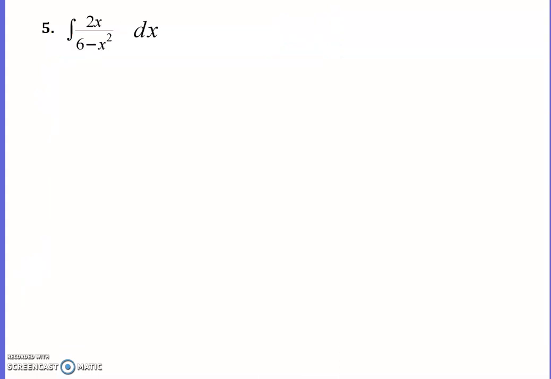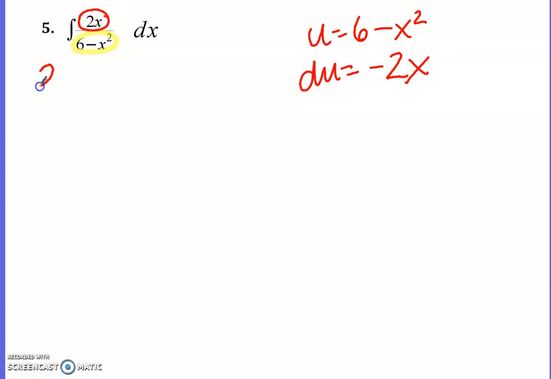Okay, so we have another fraction one. So whatever is in the denominator is u. I take the derivative, that's negative 2x. Coming back to the problem, I'm going to move my numerator out front of the integral, leaving 1 over this 6 minus x squared dx.